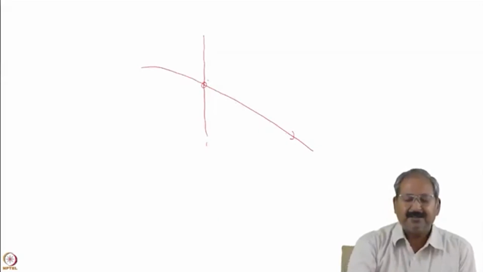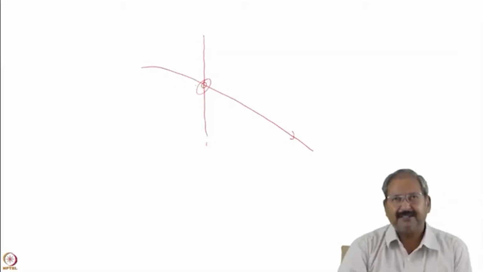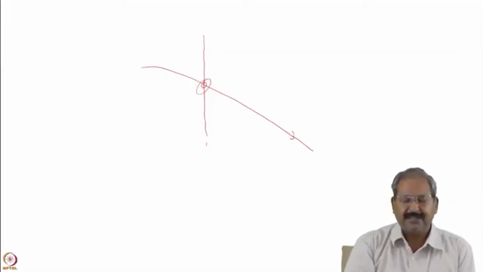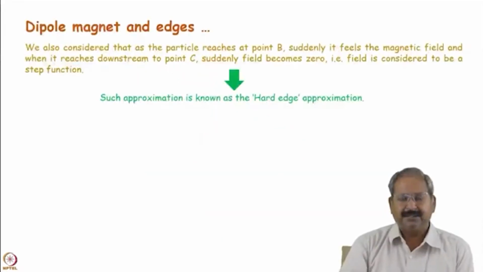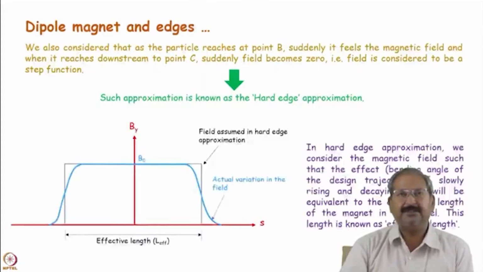Means we are changing the curvature like a step function. Here the magnetic field is some finite value and suddenly it drops to 0. This kind of model we were using so far, and it is known as the hard edge approximation.